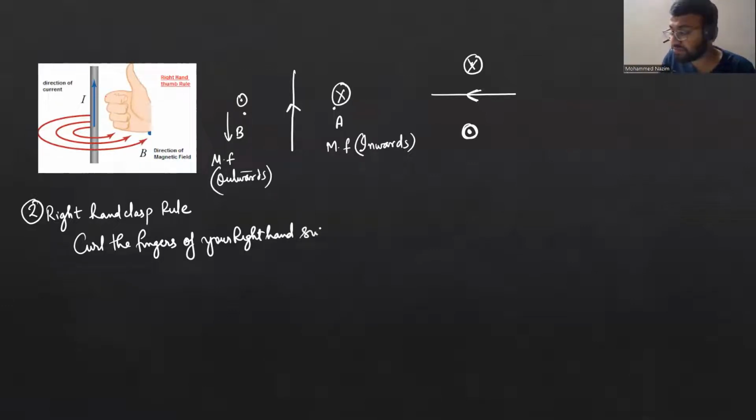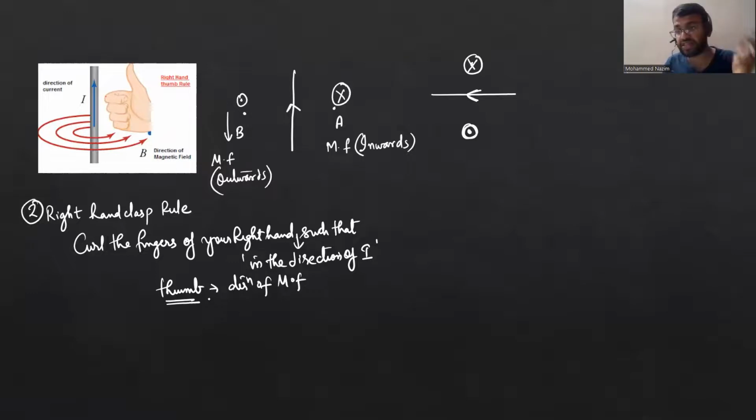Curl the four fingers of your right hand in the direction of current. Then the thumb will give you the direction of magnetic field.